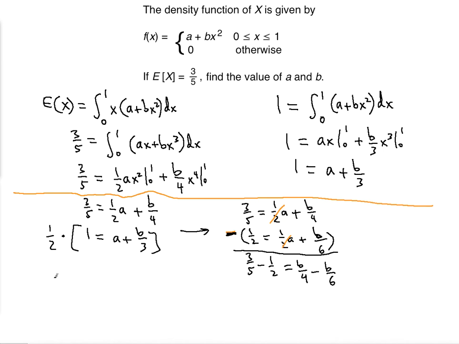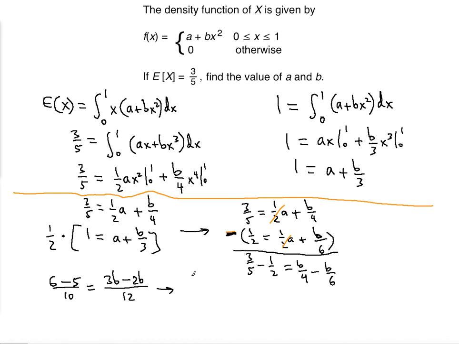So 3 times 2 is 6 minus 5 times 1, over the LCM, which is 10, is equal to, now the LCM in this case is going to be 12, so 3b, because 4 needs to be multiplied by 3, minus, not 4b, 2b, because 6 needs to be multiplied by 2 in order to get to 12, the LCM. So 2b divided by 12.